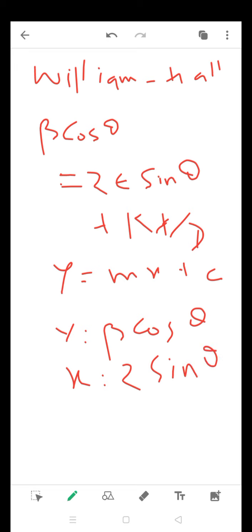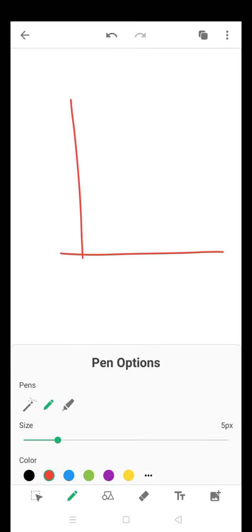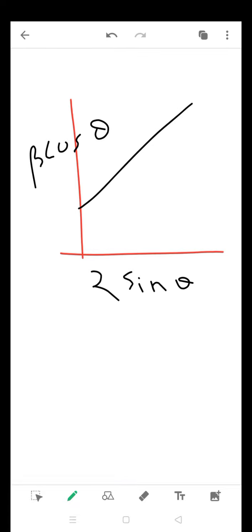So if we plot between y and x, we make a plot where you have beta cos theta on the y-axis and 2 sine theta on the x-axis. You will get a shape like this.